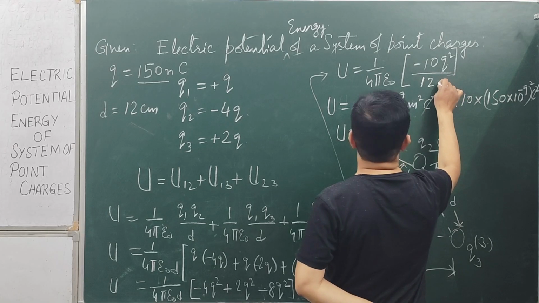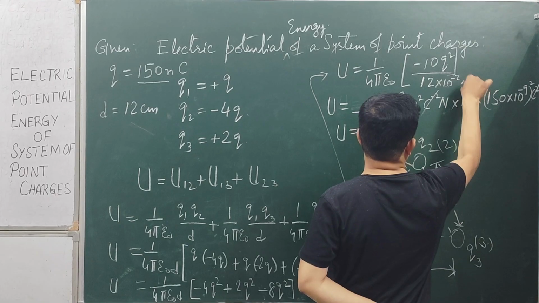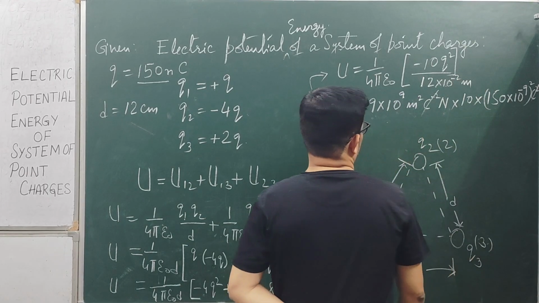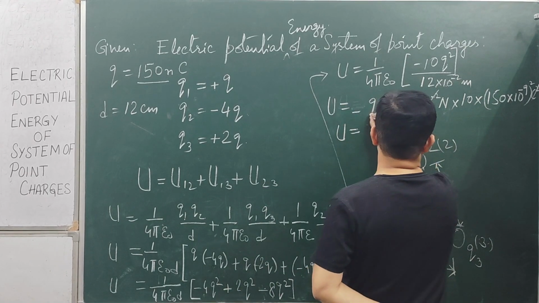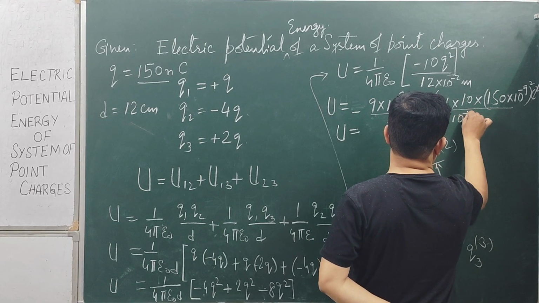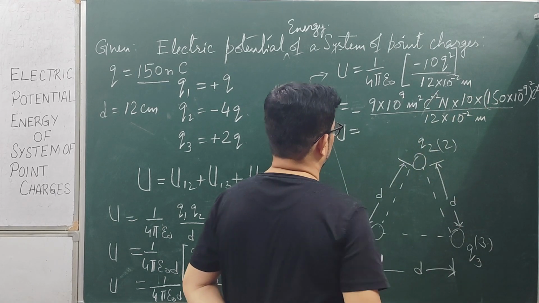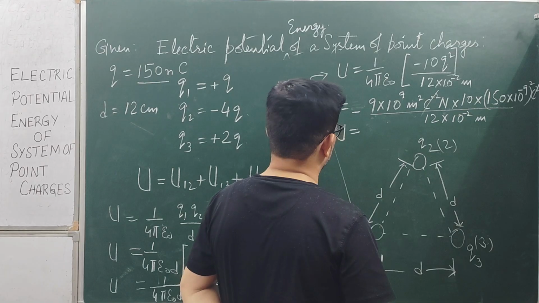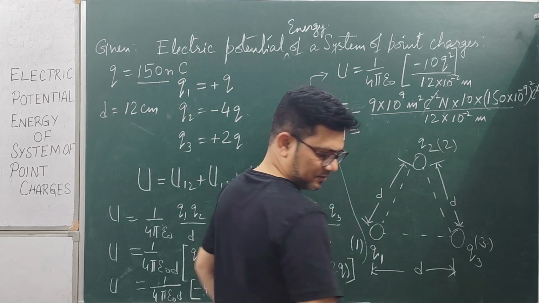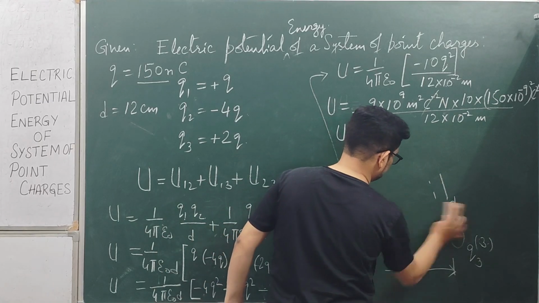If you convert this into SI, it will be 12 times 10 raised to the power minus 2 meter. So everything divided by 12 times 10 raised to the power minus 2 meters. So 1 meter would get cancelled, and then we have this Newton meter, which is in joules. Well, let me rub this area and calculate the values.